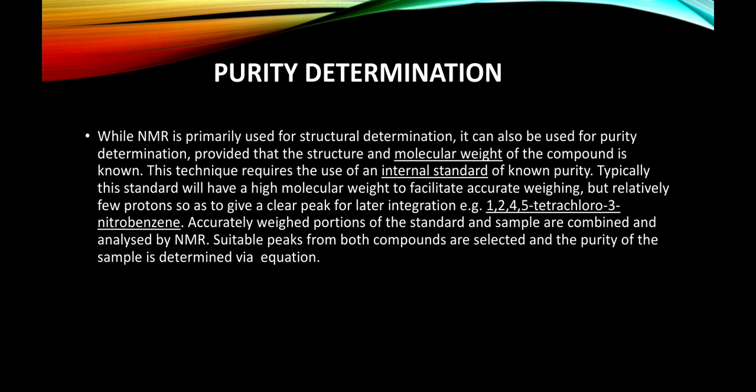Typically, the standard will have a high molecular weight to facilitate accurate weighing, but relatively few protons, so as to give a clear peak for later integration. Example: 1,2,4,5-tetrachloro-3-nitrobenzene. Accurately weighed portions of the standard and sample are combined and analyzed by NMR. Suitable peaks for both compounds are selected and the purity of the sample is determined via an equation.